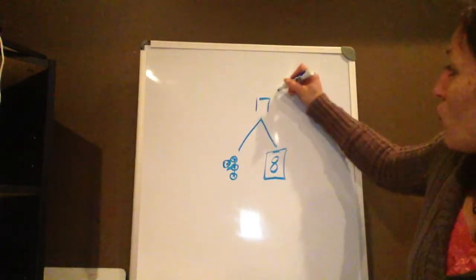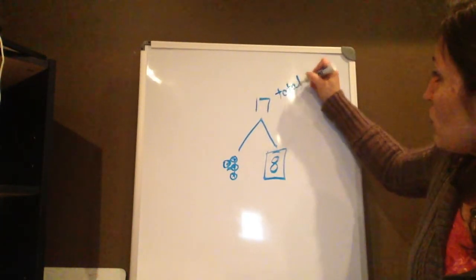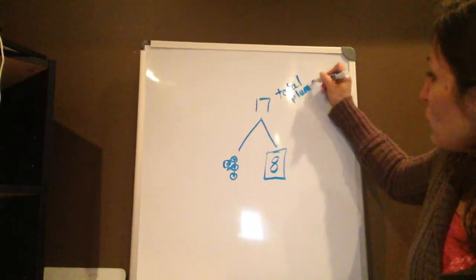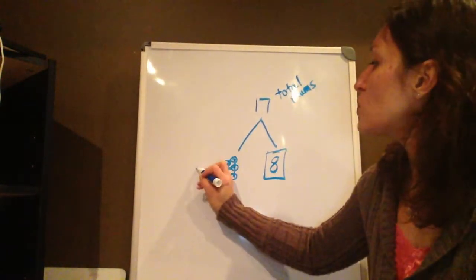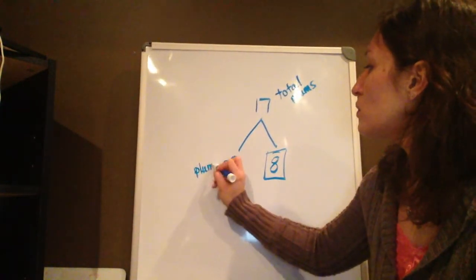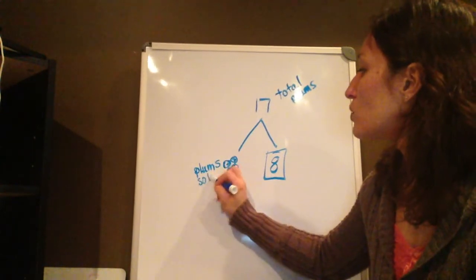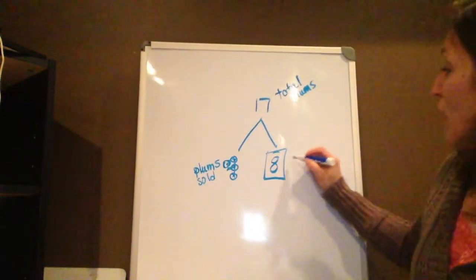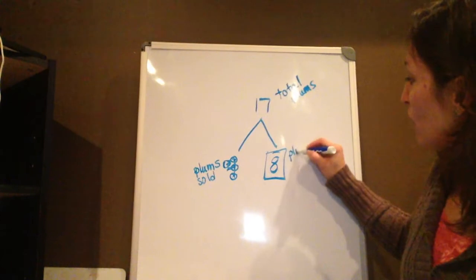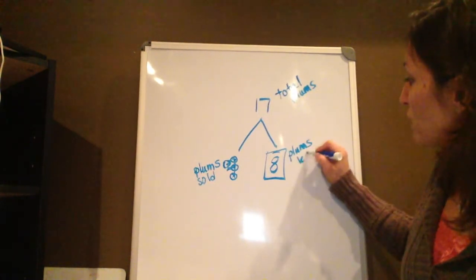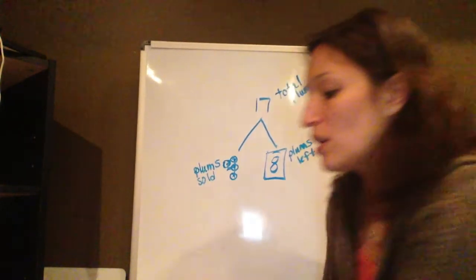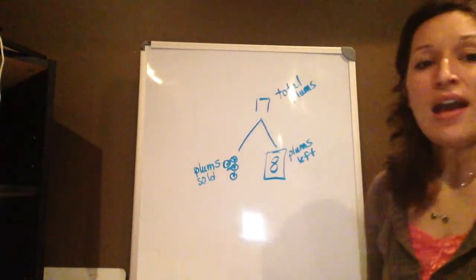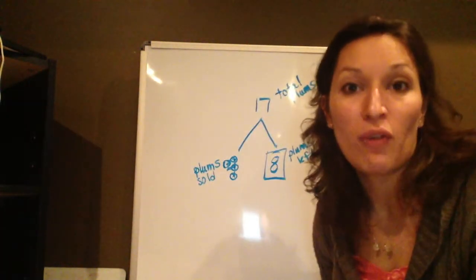This was our total plums. 9 was how many were sold. 8 was how many were left. Plums left. Okay, now that I've labeled it, I know that I can go on to the second part of our problem in green.